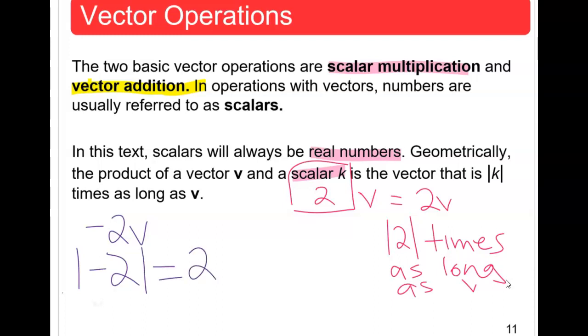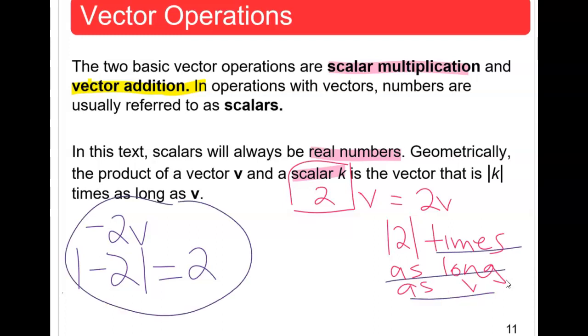It will be 2 times as long as vector v, just like that one. The difference between -2 for the scalar and +2 for the scalar is going to be the direction, but they will have the same length, which is 2 times the length of the original vector, vector v.